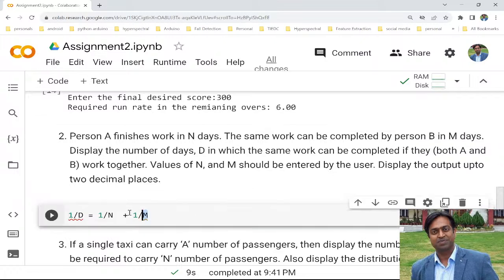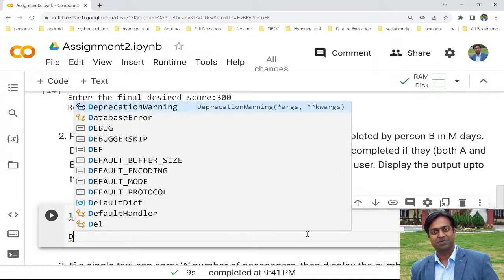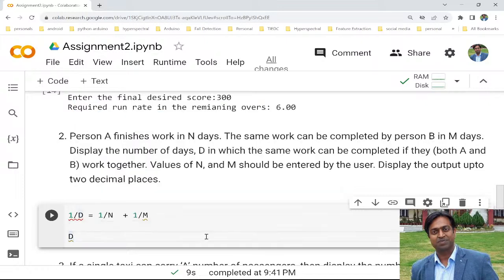This is the formula that we got from our school days mathematics, right? So here we need to find this D. In programming, we can simply write this as D equals 1 divided by this complete expression.